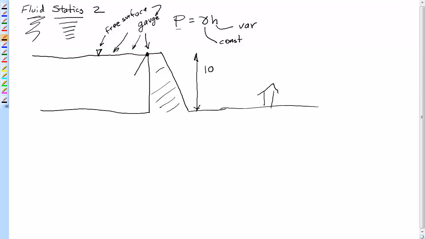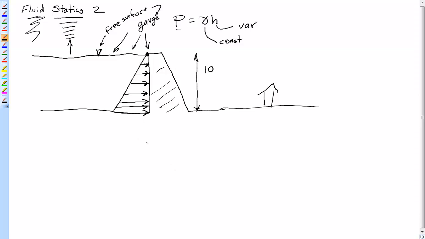So let's take a look at this. If you look at the profile, it's linearly varying. So you might see something like this.